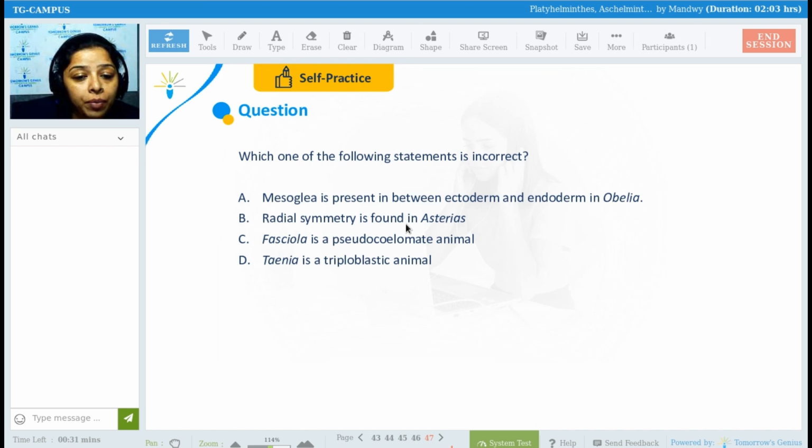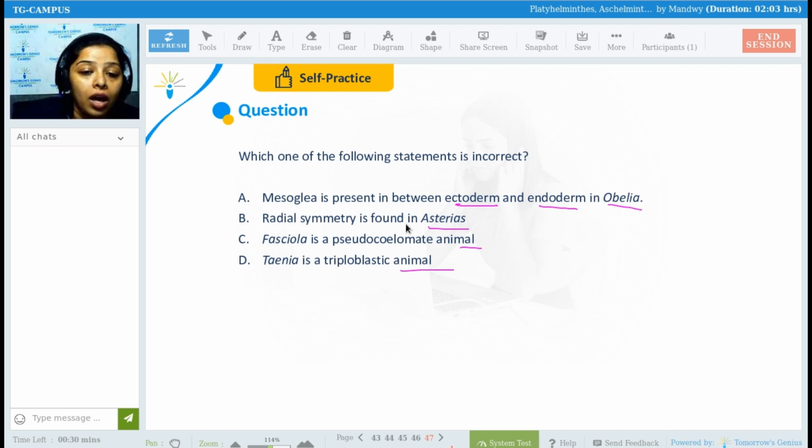Which of the following statements is incorrect? Mesoglea is present between the ectoderm and endoderm of Obelia, that we discussed in the last class. Radial symmetry is found in Asterias. Fasciola is a pseudocoelomate animal. Taenia is a triploblastic animal.